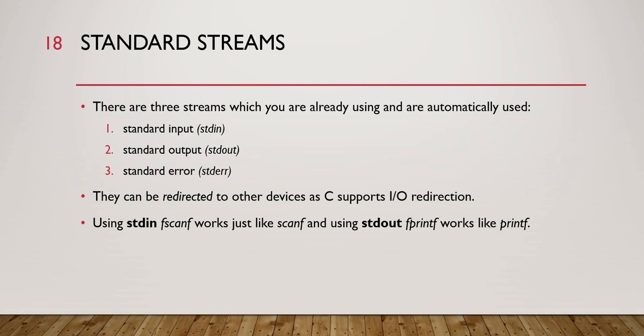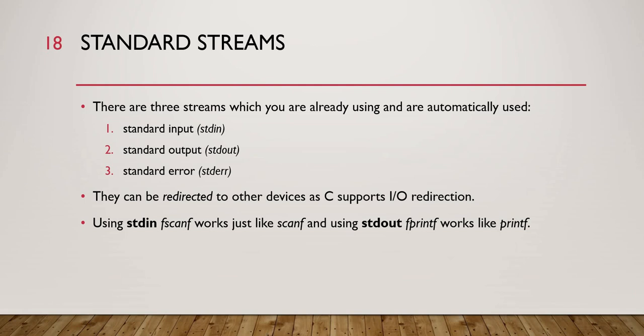Yes, whenever we're using printf and scanf, we are actually using stdin and stdout, which is the standard input and standard output. If you remember, the name of the first header file was standard input and output, right? So using standard input and output, you can actually interact with the console. That means print on the console and also scan from the console. What this does is actually redirect the device into the console.